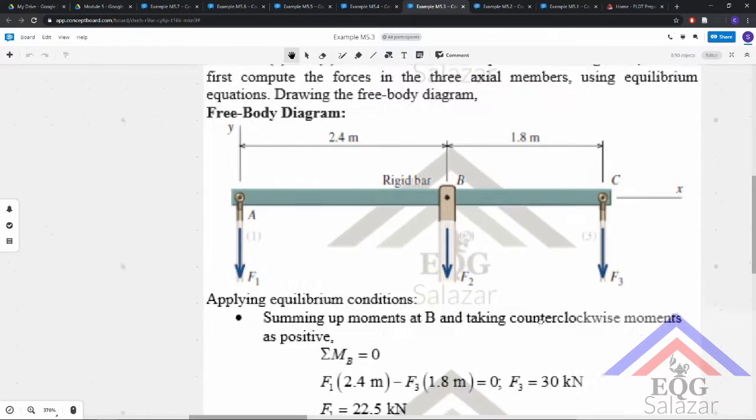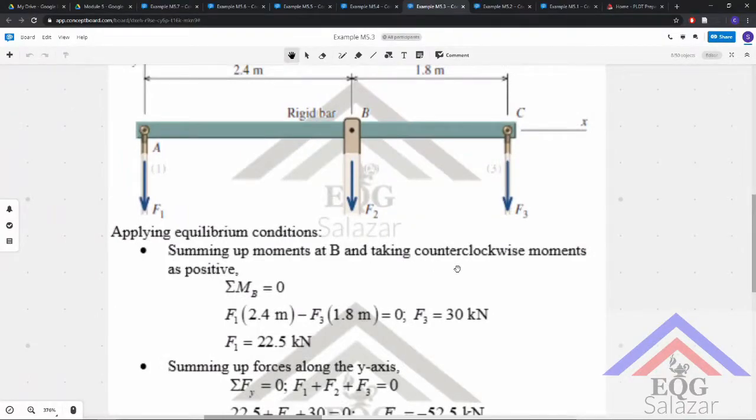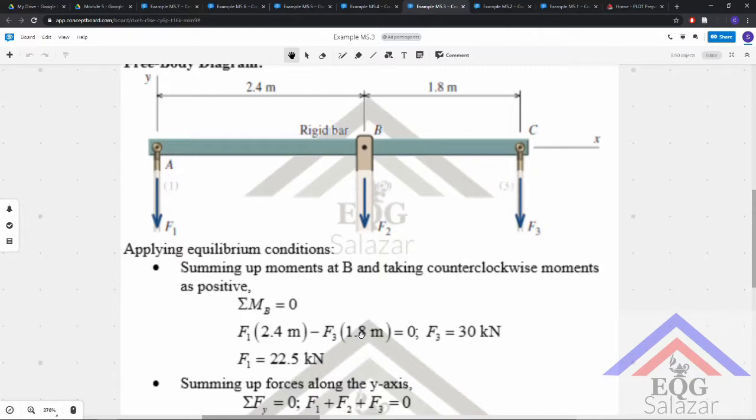If we take moment at B equals 0 and take counterclockwise moments as positive, F sub 3 is clockwise, so negative: negative F sub 3 times 1.8 plus F sub 1 times 2.4, which is counterclockwise and so positive, is equal to 0. We know that F sub 3 is equal to 30, and so the force in segment 1 is equal to 22.5 kilonewtons.